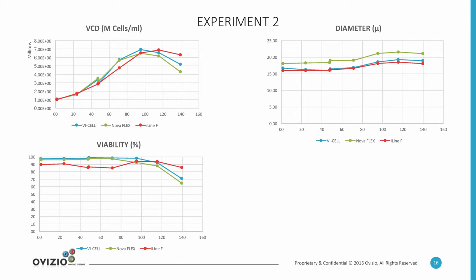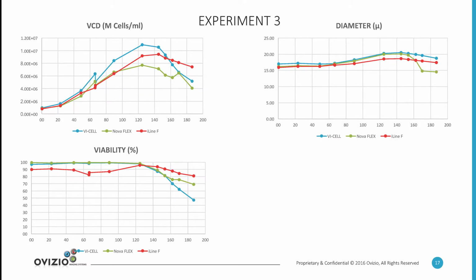So the same for experiment 2 and the same for experiment 3. So all 3 experiments were totally normal cultures, where the cell density went up and the viability in the end went down, and where there was a small spike in diameter growth towards the end of the culture.